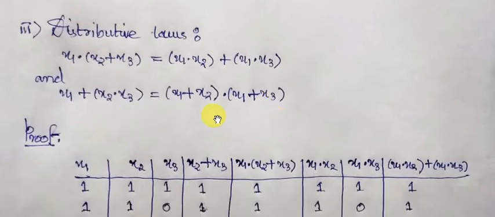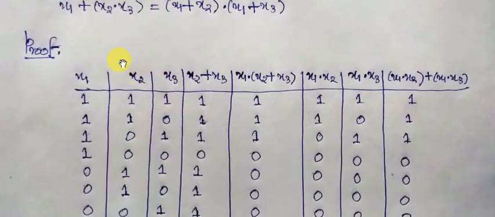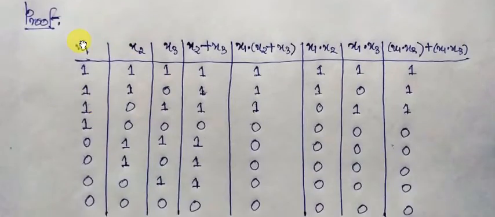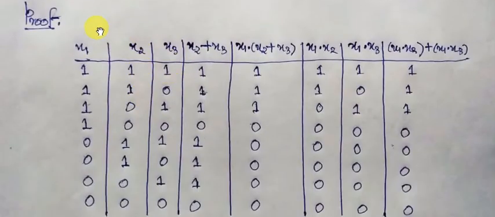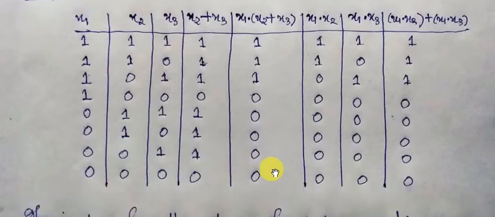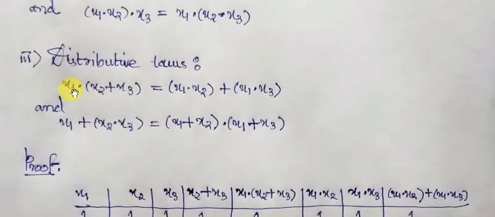We proved the distributive law of multiplication over addition in our previous class by constructing an assignment table, and we showed the equality of the left hand side and the right hand side.